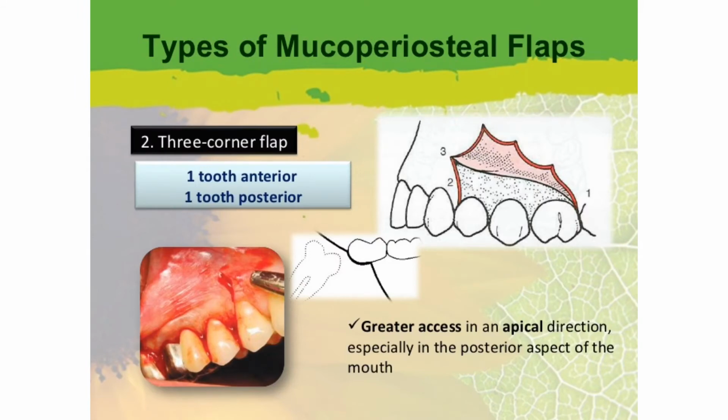So the second one is 3-cornered flap, where the horizontal incision is accompanied by single vertical releasing incision. Here the incision extends from 1 tooth anterior and 1 tooth posterior to the affected tooth, and this type of flap provides greater access in apical direction, especially in the posterior aspect of the mouth.